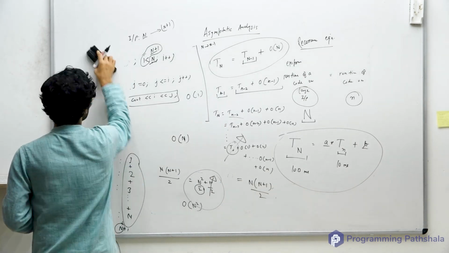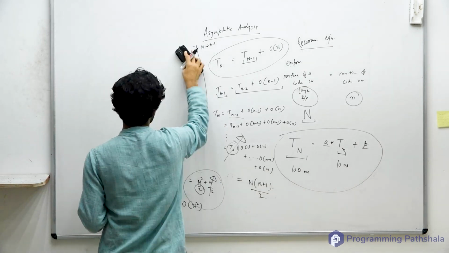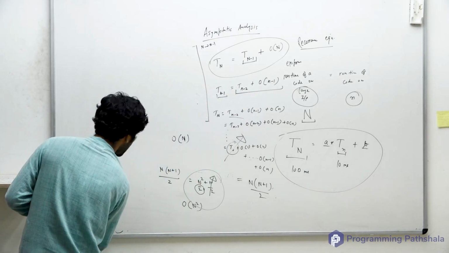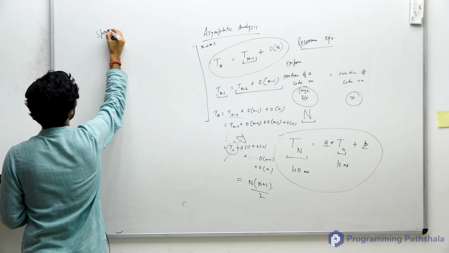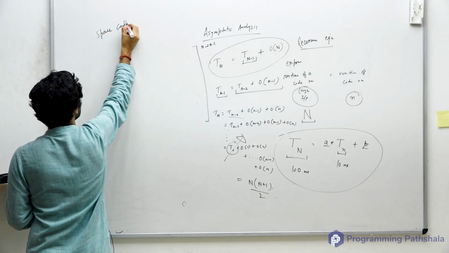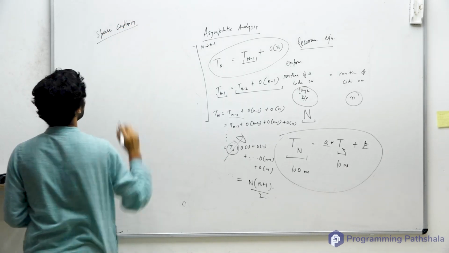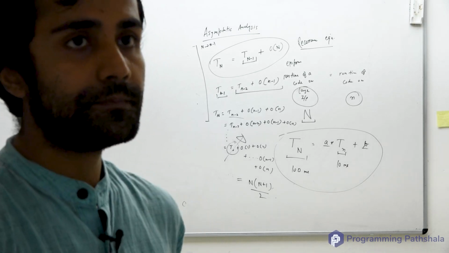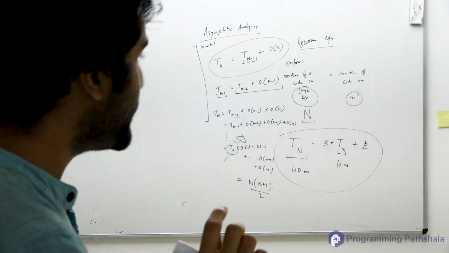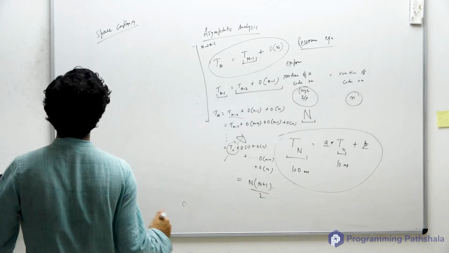Now, this was a bit about time complexity. Now I'll touch upon the topic of space complexity. Here you have to be a bit careful. It's a small thing, although nothing to worry about a lot. There are two things being spoken about.